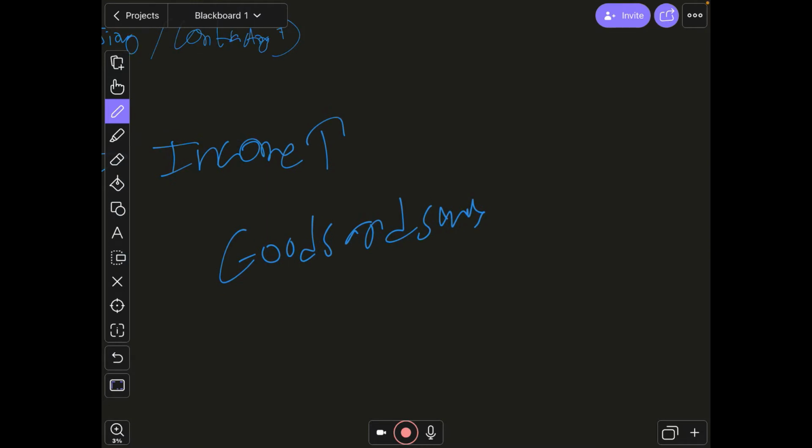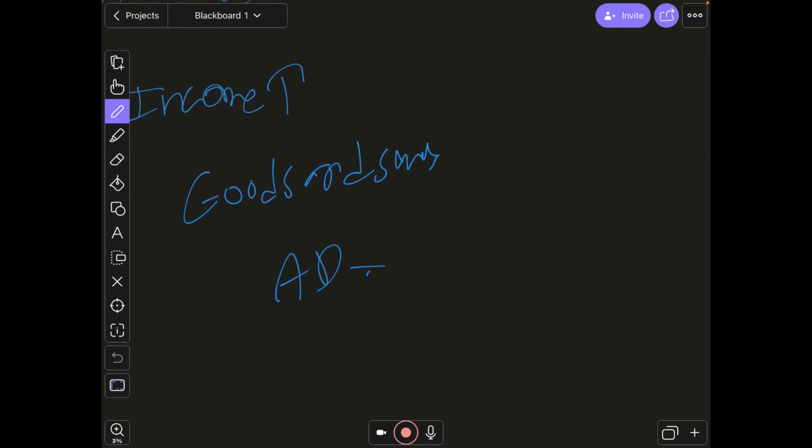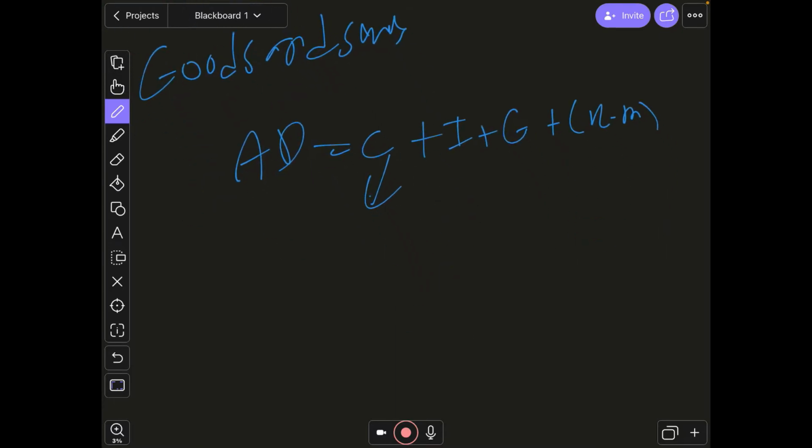And so it increases aggregate demand, because one of the components of aggregate demand is consumption. It's C plus I plus G plus X minus M. And so, this C will increase. Consumption will go up.